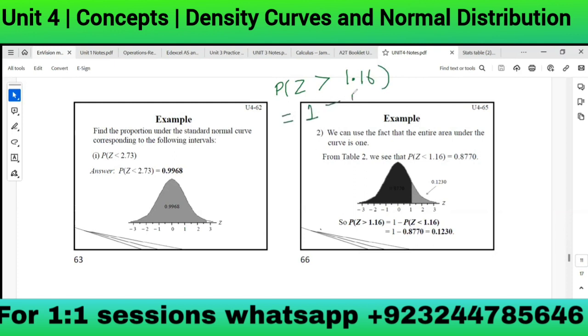So it is 1 minus P(Z < 1.16). The total is 1 and we have to find this part. Subtracting 1 minus 0.8770, we get 0.1230. So this is also a way we can do it.